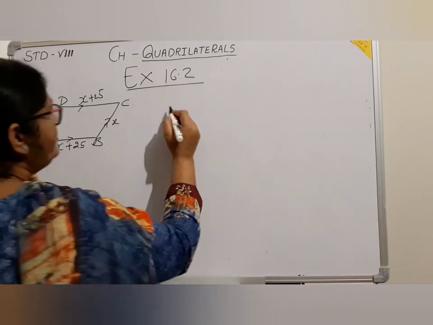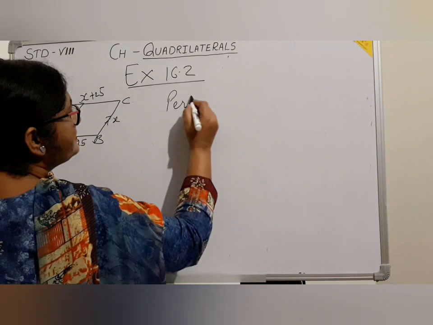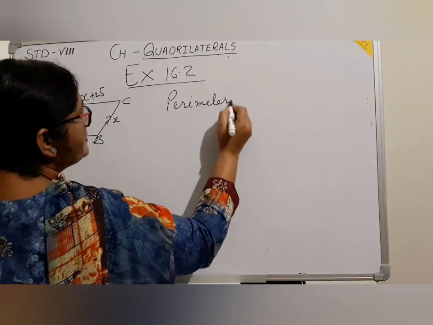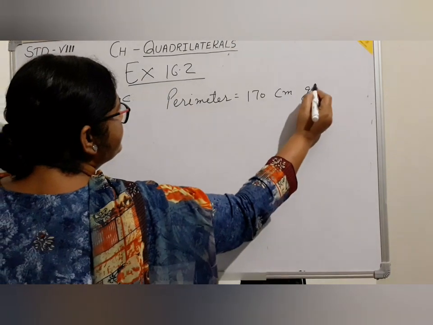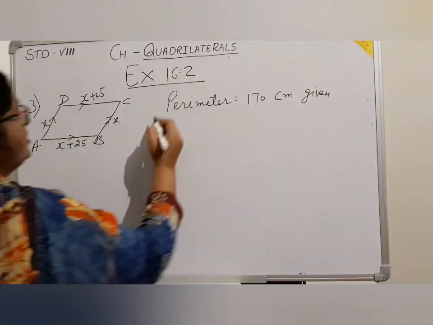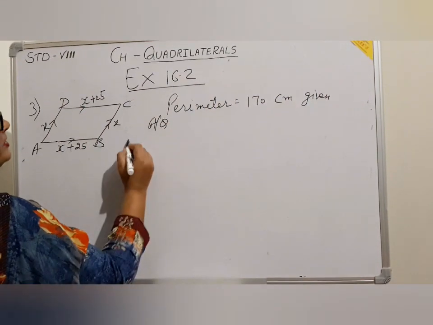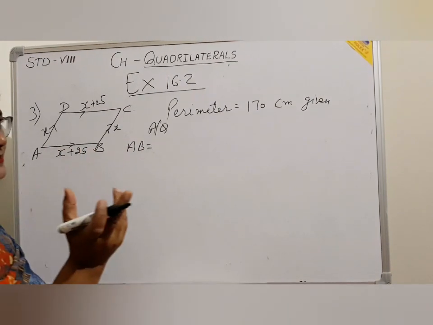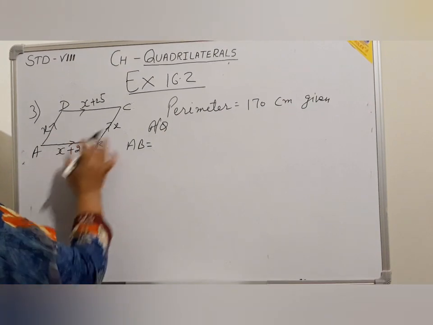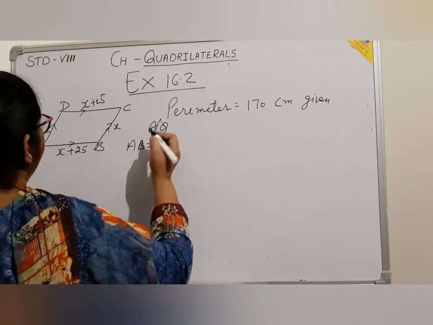Now, the perimeter is 170 centimeter, given. According to the question, what is the definition of perimeter? Perimeter means the sum of all its sides.